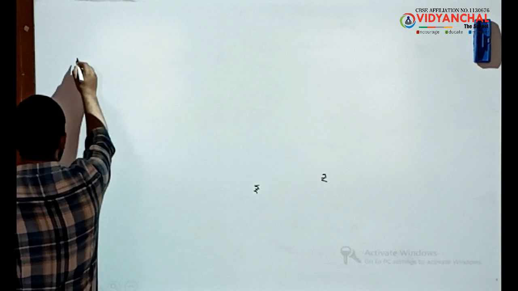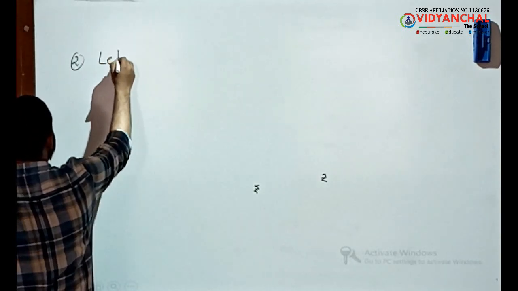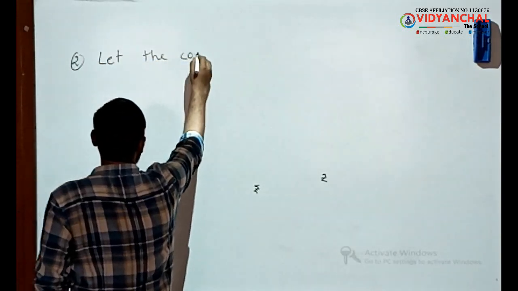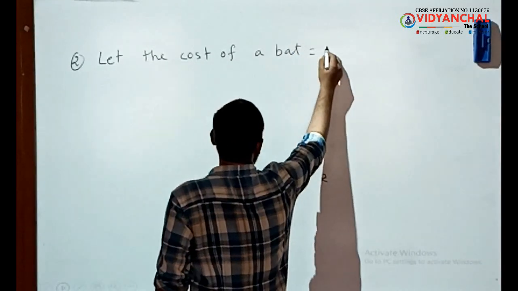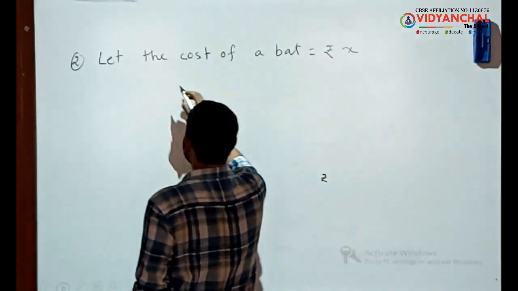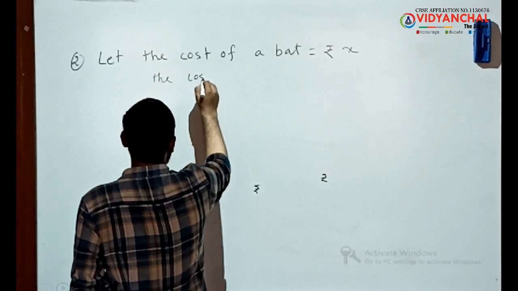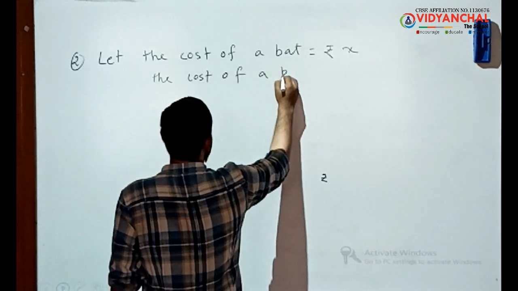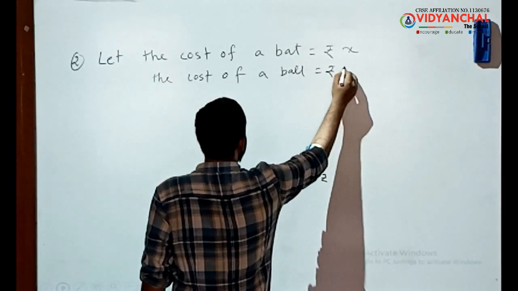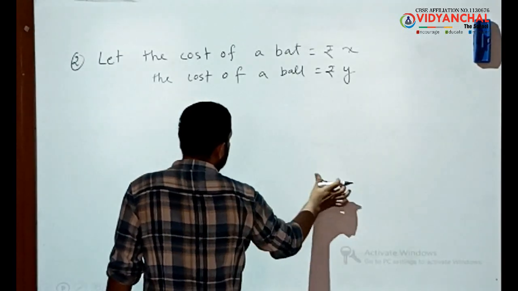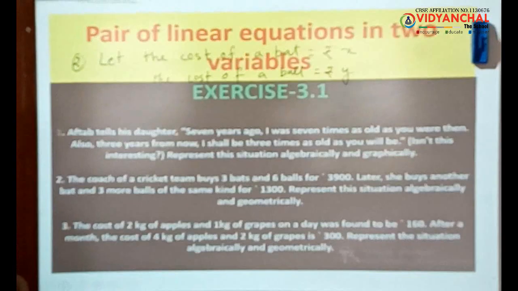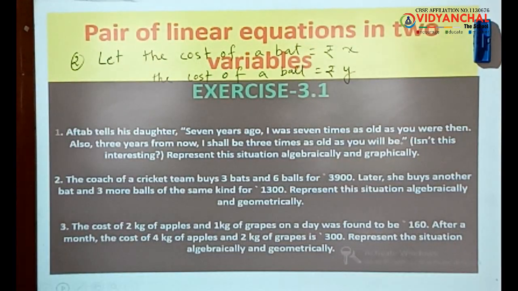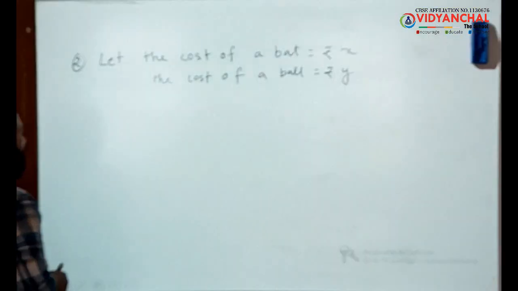So let the cost of a bat be rupees X and the cost of a ball be rupees Y. 3 bats and 6 balls for rupees 3,900.